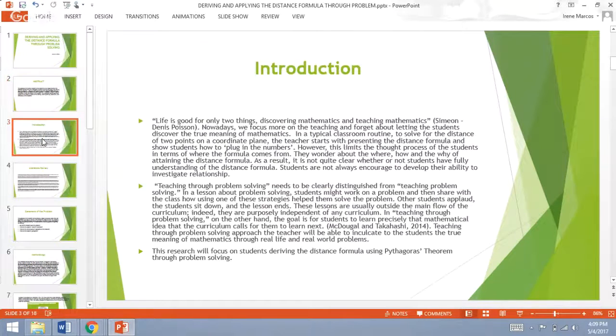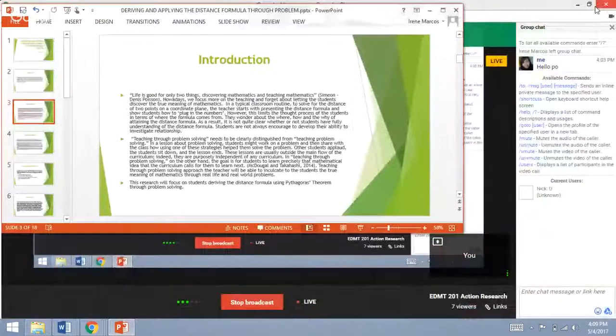So, when I was in college, my teacher would always keep telling us that life will only be good for two things. And those are discovering mathematics and teaching mathematics. But nowadays, we usually focus more on teaching and forget about letting the students discover the true meaning of mathematics.